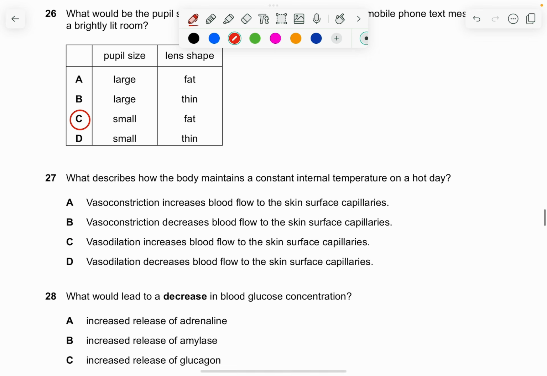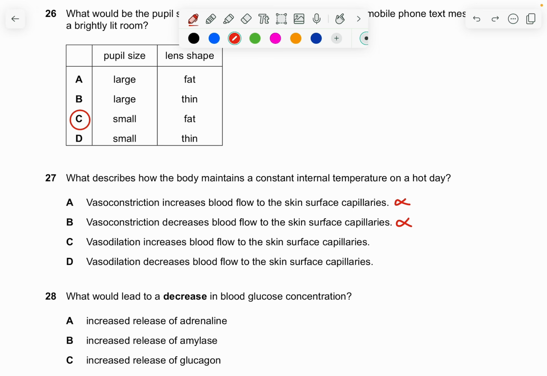Question 27. What describes how the body maintains a constant internal temperature on a hot day? So it's either vasoconstriction or vasodilation. In this case, on a hot day, it has to be vasodilation. Vasoconstriction is during the cold days. So now let's see which is the correct answer.